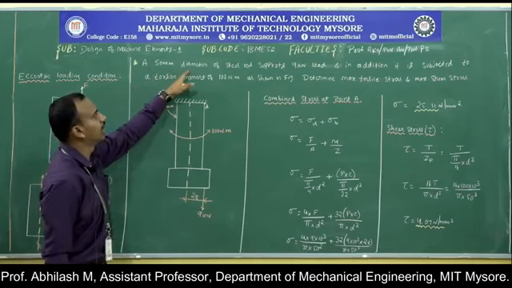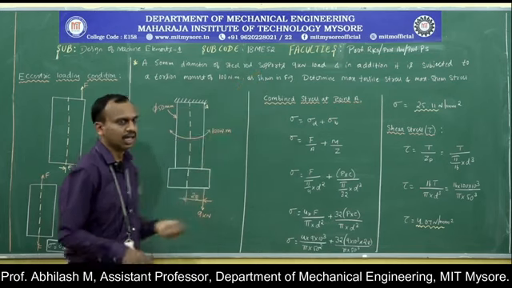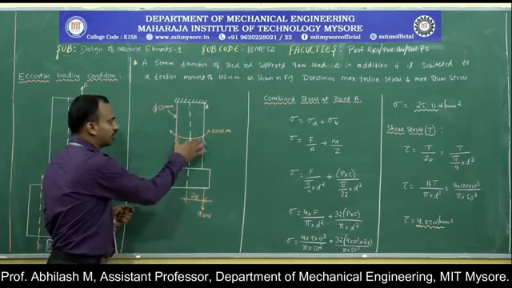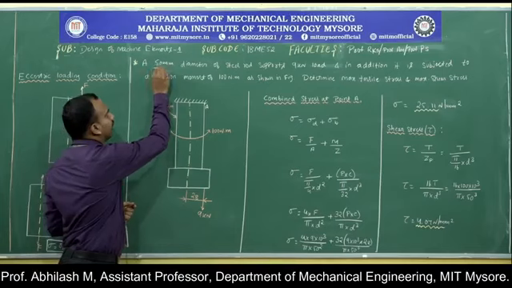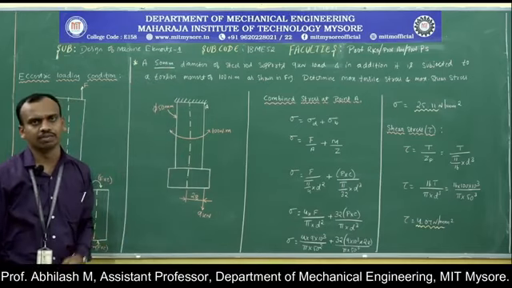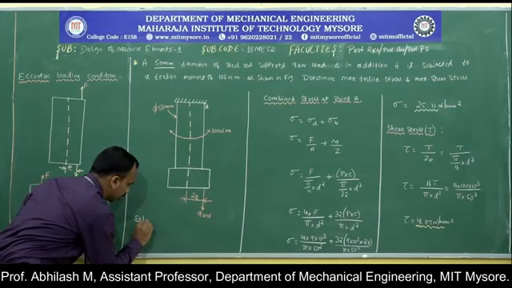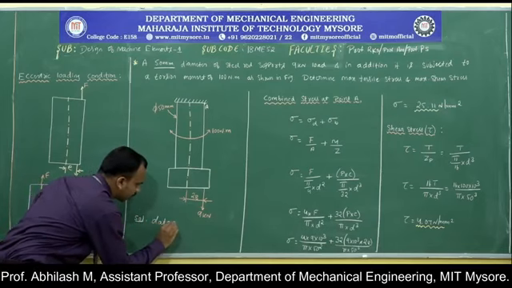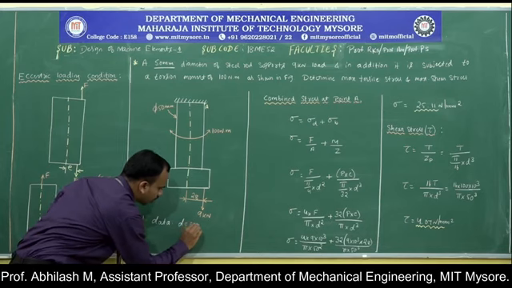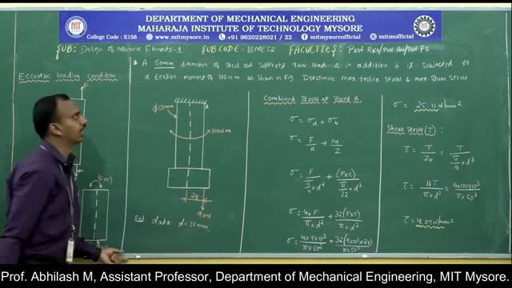Now let us try to understand the data given in the problem. A 50 millimeter diameter steel rod: they are stating the diameter of the steel rod, so if we write down the data, the diameter is 50 millimeter.